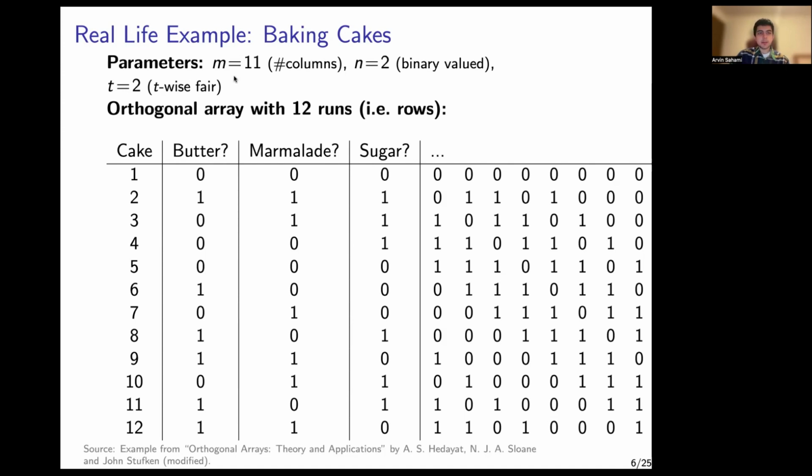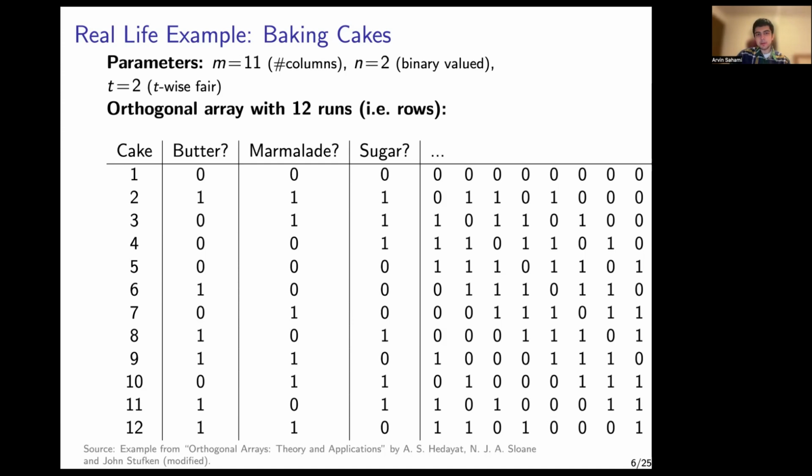And in this example, we have a 2-wise orthogonal array. This parameter t represents the strength of the orthogonal array. In this example, we're going to bake cakes, and my features are things like, do I put butter in it, or do I put sugar in it, etc., or not? And I'm going to bake 12 cakes.